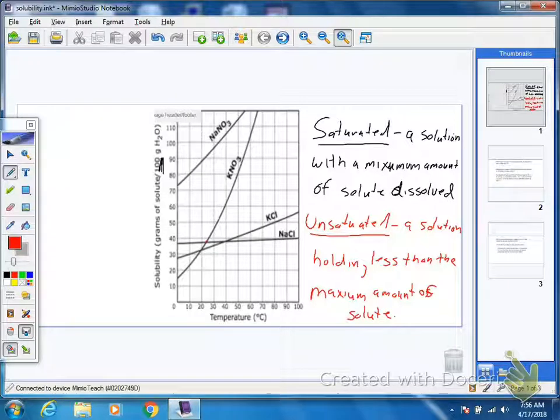Okay, so we're just going to do a couple problems and then we'll bring supersaturated in here in a second.